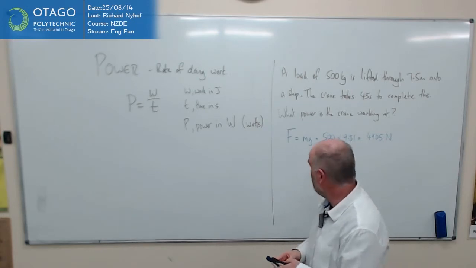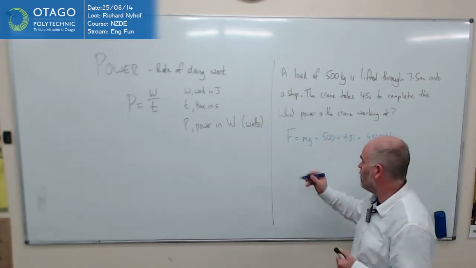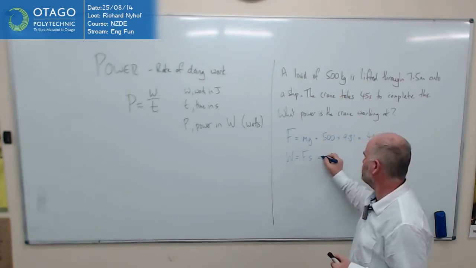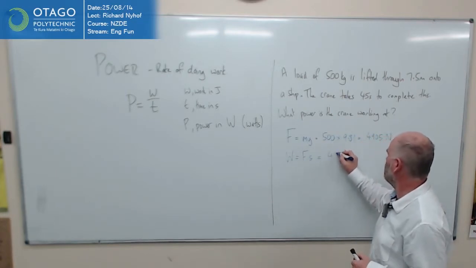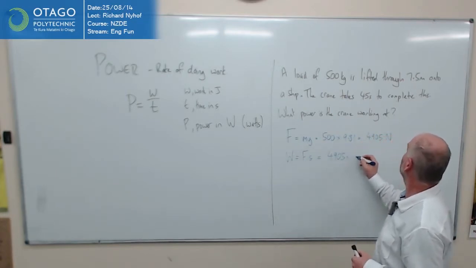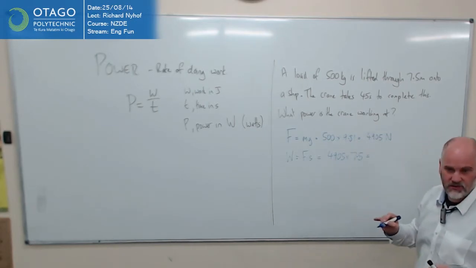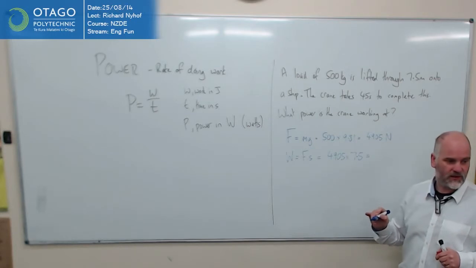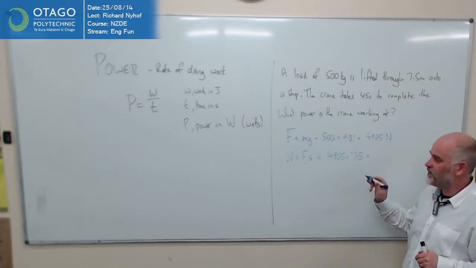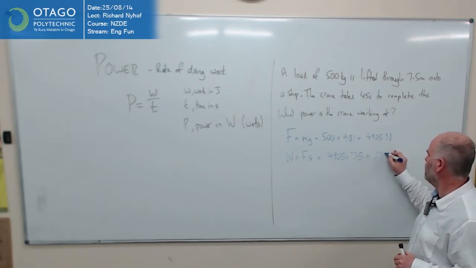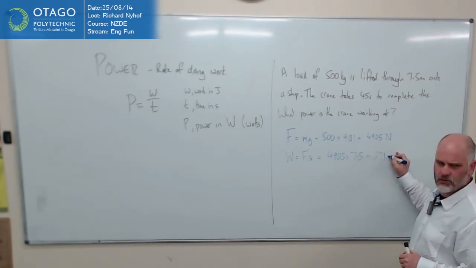Then we're going to find out the work. Which formula are we going to use to find out the work? Force times distance. So the force is 4905, distance is 7.5 meters, which gives us, who's pushing the buttons this time? We got Nathan. 37125.